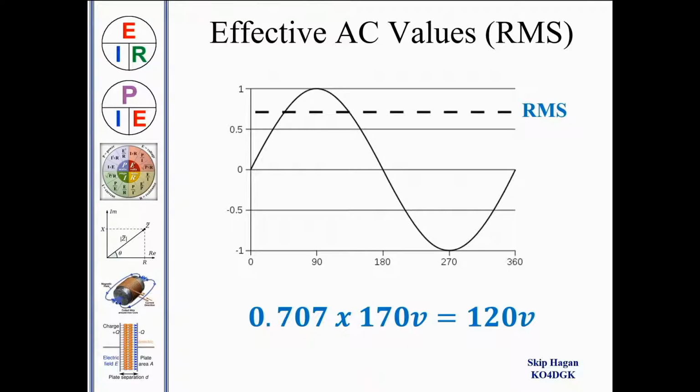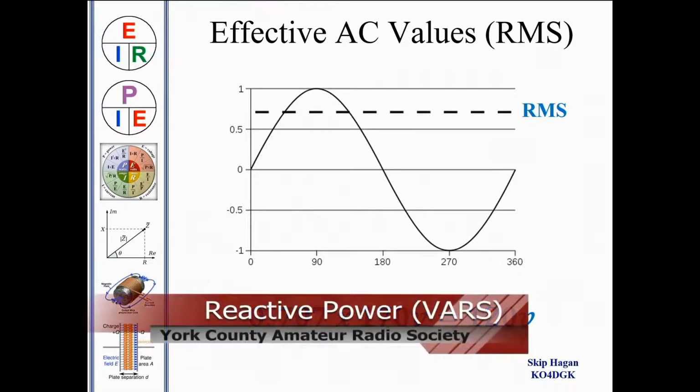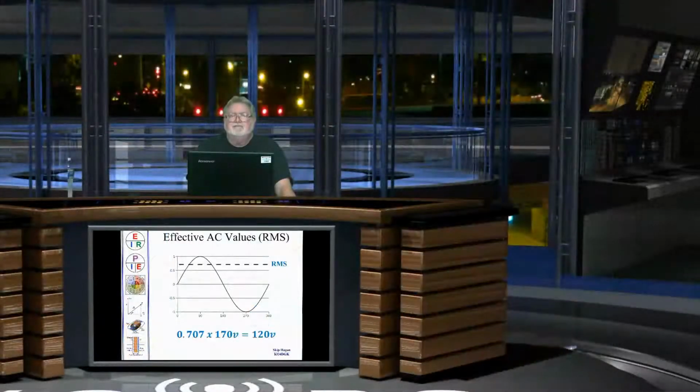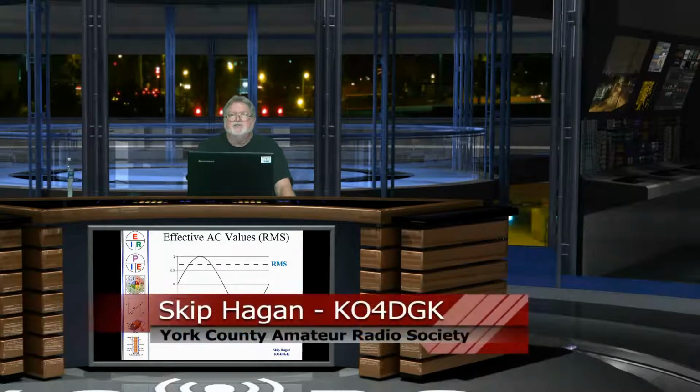This is the effective voltage that we're reading with our meter. And unless the value in whatever literature you're looking at is specified as peak to peak, you can assume that it's an RMS value, because that's what we really want to know, the effective value of voltage, current, power, and so forth.